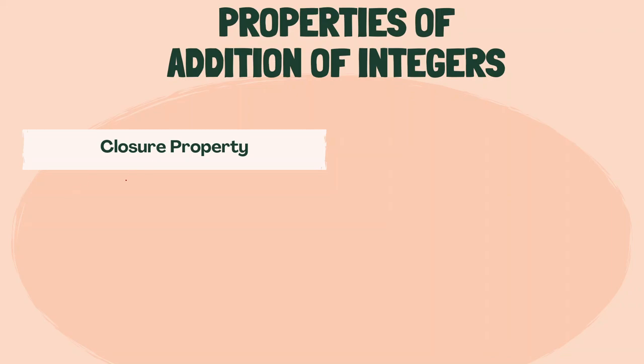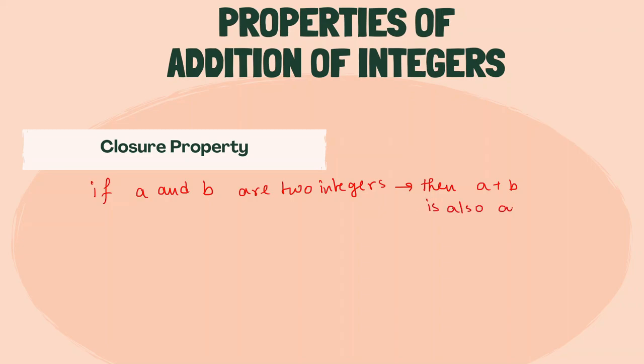Closure property says that if a and b are two integers, then a plus b is also an integer.